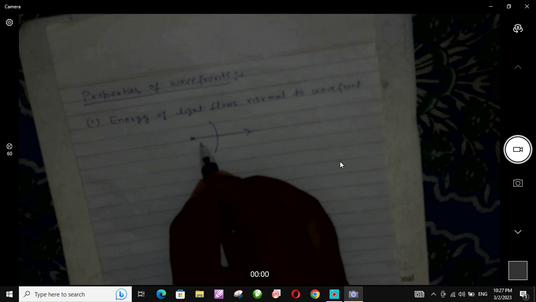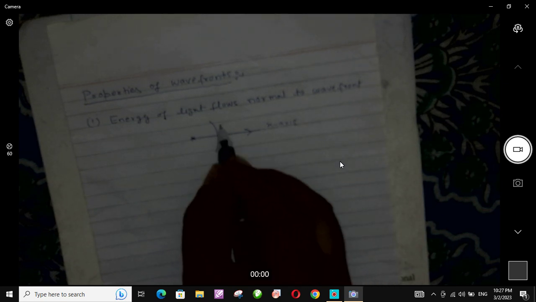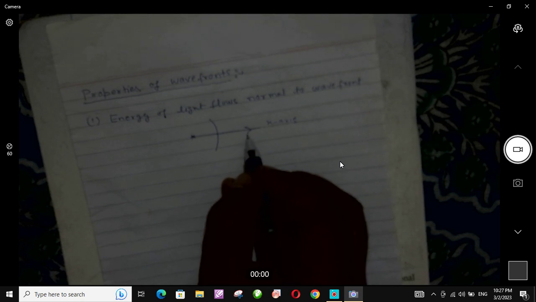So we can say that energy is flowing towards the x-axis, and the wavefront is along the y-axis. So wavefront is always in a perpendicular direction to that of the energy. So this one is the first property.